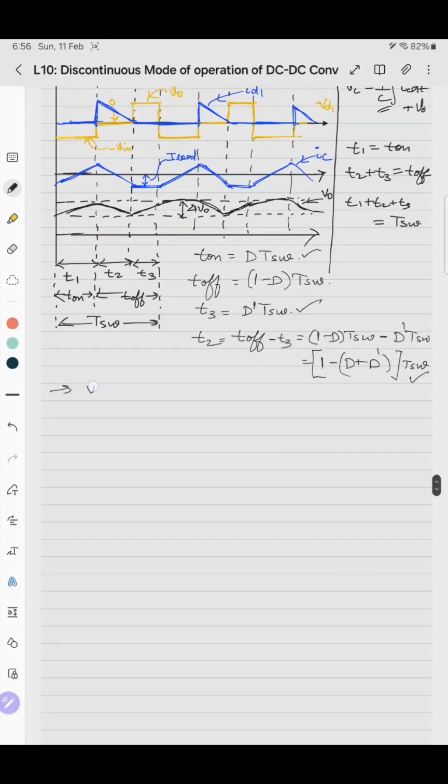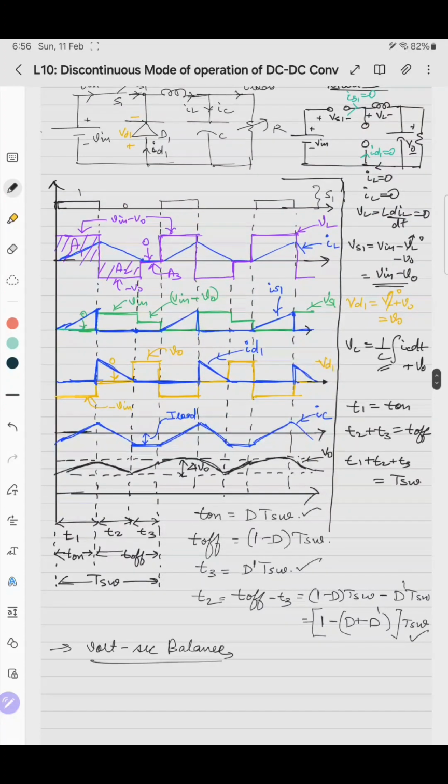Now using the volt second balance, so A1, A2, A3, so T1, T2, T3. Similarly for the capacitor current, what we have is this thing.